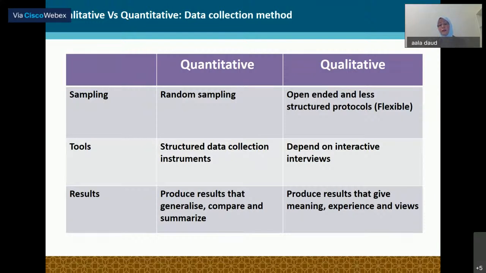So you can have face-to-face and individual interviews, for example. In terms of results, quantitative produces results that are generalized, compared and summarized. However, the qualitative produces results that give meanings, experiences, views of participants. So that's just a brief comparison between them in terms of data collection.